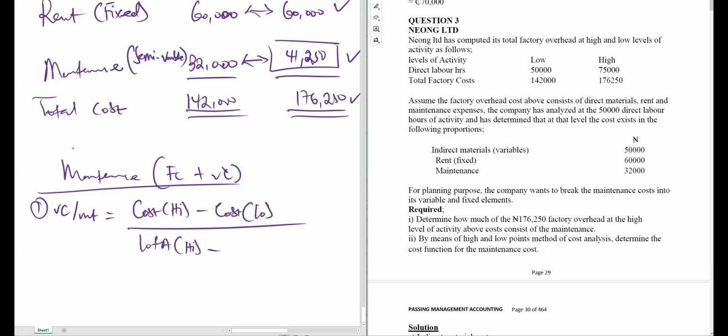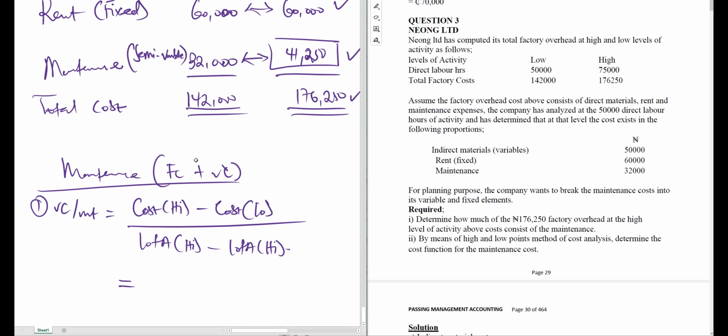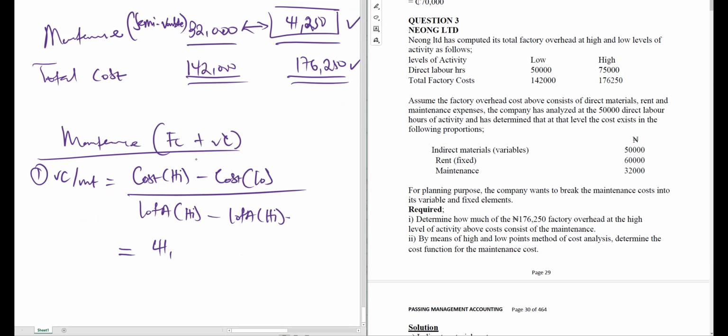So you see how the high-low method can be implemented in different settings. So let's see. We know that the high level was 41,250, right? And that was for what? 75,000 labor hours. Remember? Then 32,000 out of what? 50,000 hours. So what's the variable cost per hour? It was per labor hour.